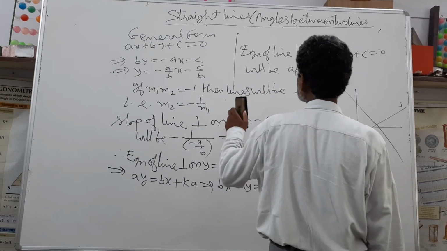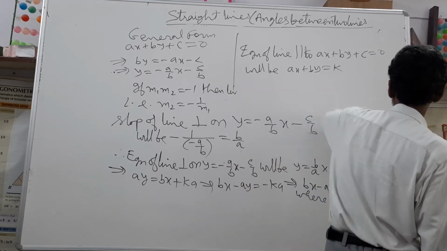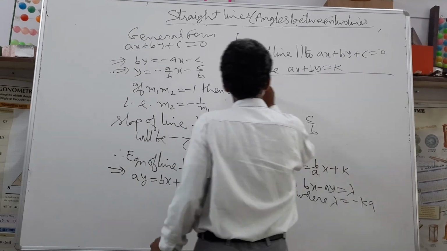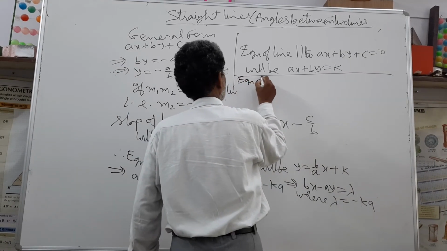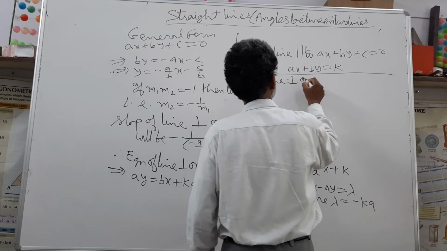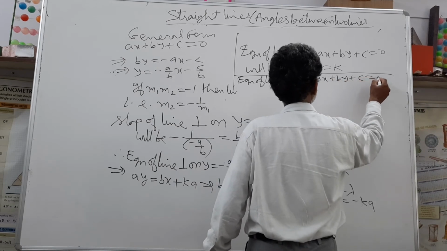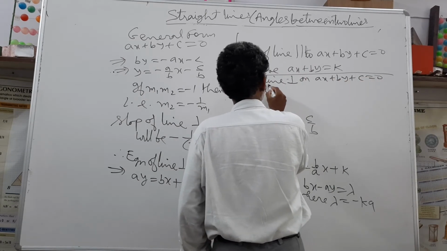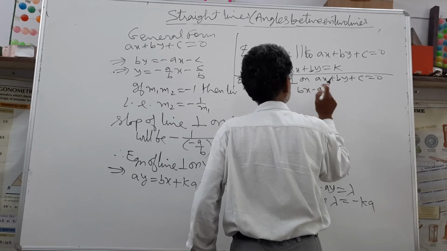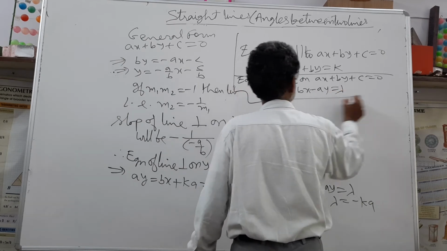In short, the equation of the line perpendicular to ax plus by plus c equal to 0 will be bx minus ay is equal to lambda.